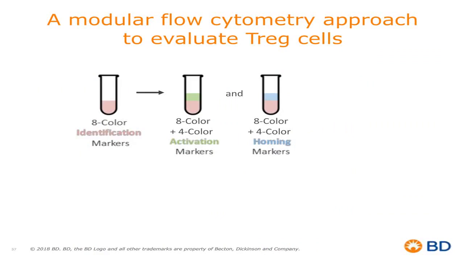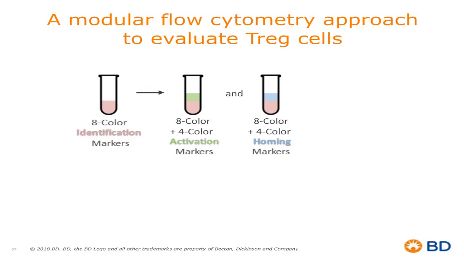where you can go ahead and build an 8-color backbone panel, or whatever is necessary. If you need 10 colors to define your population of interest, or if it only requires 4 markers to define it, you build a base backbone panel, and then add in your activation markers, things that you're interested in. For example, here we did a 4-color activation panel. We also did a 4-color homing panel.